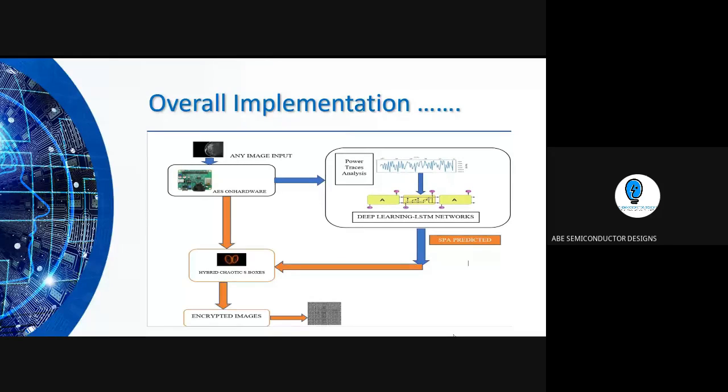Once the attack is predicted, it is not detection, it is prediction, 2 or 3 minutes in advance, a control signal is given to the Raspberry Pi, which runs what we call hybrid chaotic S-boxes, and a new encryption scheme is formulated for the protocol. This is the intelligent setup to overcome security threats and breaches in the MQTT protocol, or in general IoT protocols.